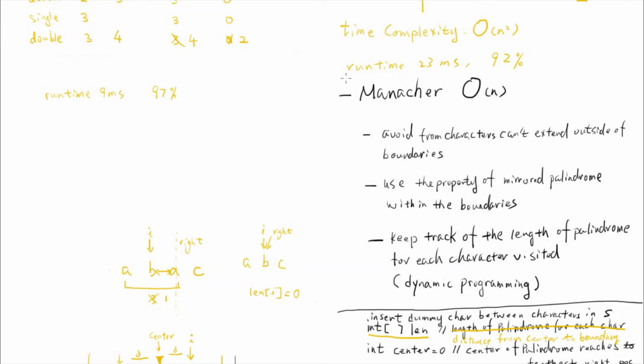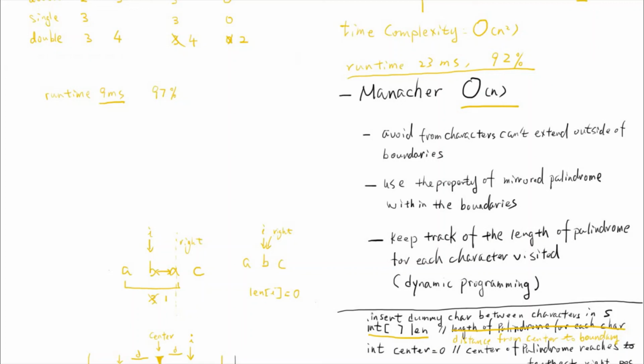And compared to our first solution, the runtime is reduced dramatically from 23 milliseconds to 9 milliseconds. And the reason the Manacher algorithm works better is because it has a big O(n) time complexity. Now let me explain why the Manacher algorithm has a big O(n) time complexity.